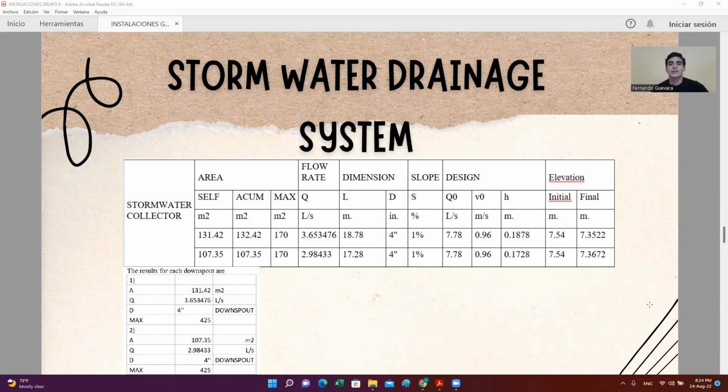The second area was 107.35 square meters with a flow rate of 2.98 liters per second. For both cases, it was found that the appropriate pipe should be 4 inches.